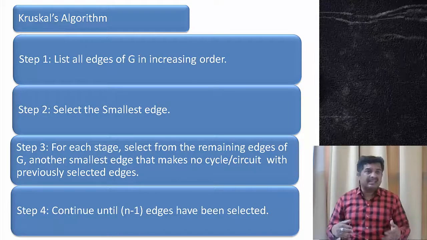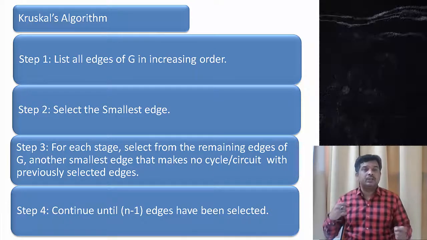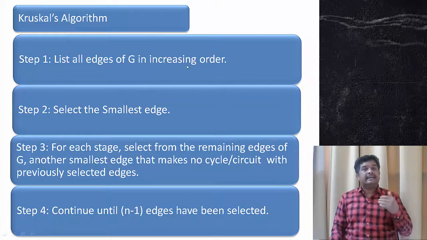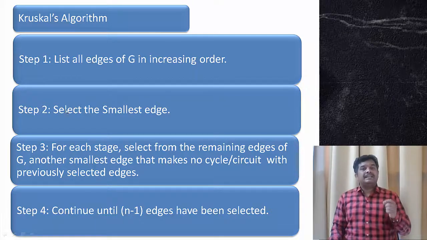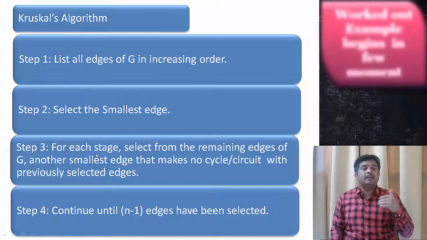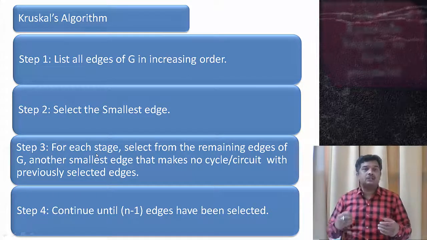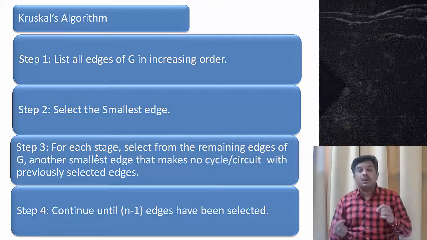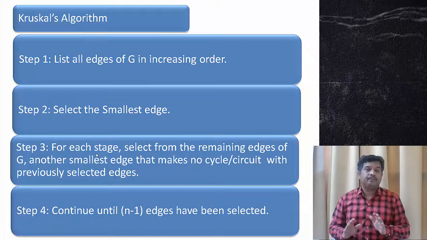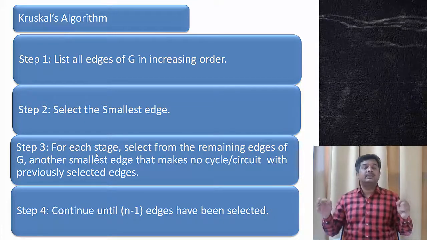Let us see the steps we'll adopt to find a minimal spanning tree using Kruskal's algorithm. First, we'll list all the edges in increasing order. We'll select the smallest edge and add it to the tree, and keep adding the smallest edge which will not make a cycle or circuit with the previously selected edges, and continue until n-1 edges have been selected.